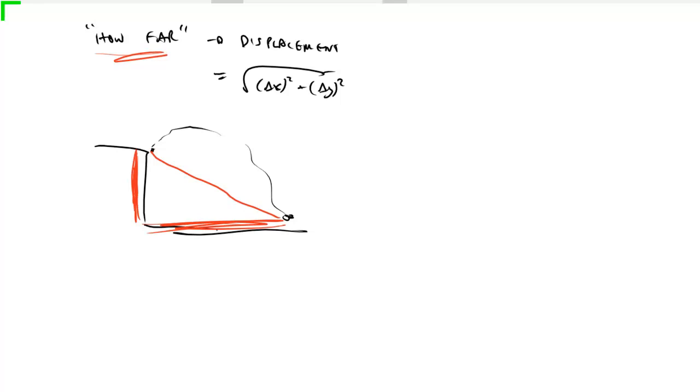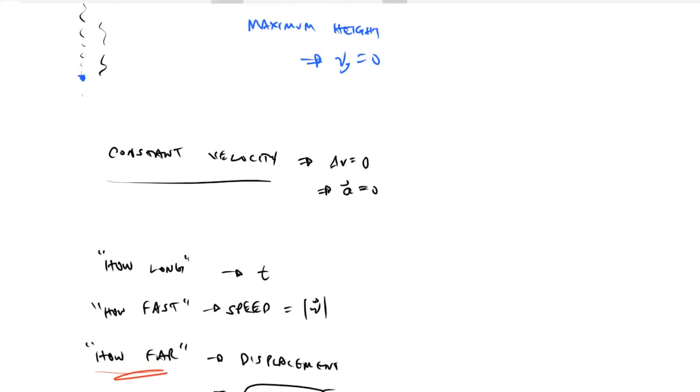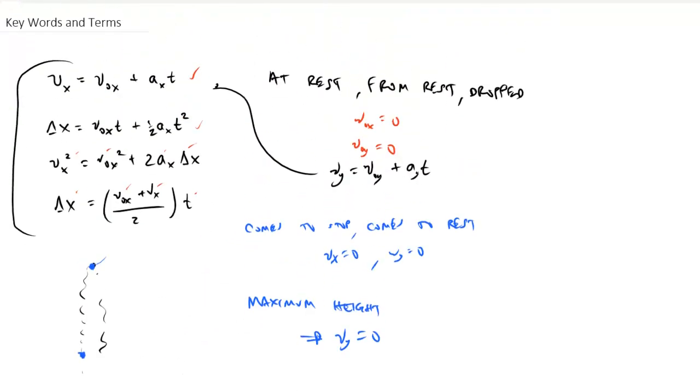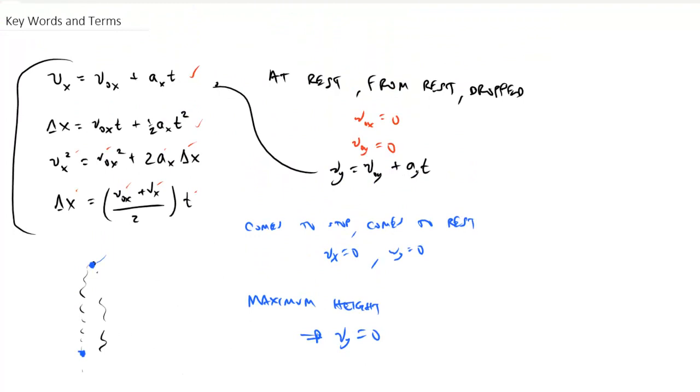So we could put some limiters on our how far, like how high would be looking for delta y, and how far in the x direction, or how far from the base of the cliff, that would just be delta x. But these are the main keywords that we find in problems, applying the kinematic equations to them.